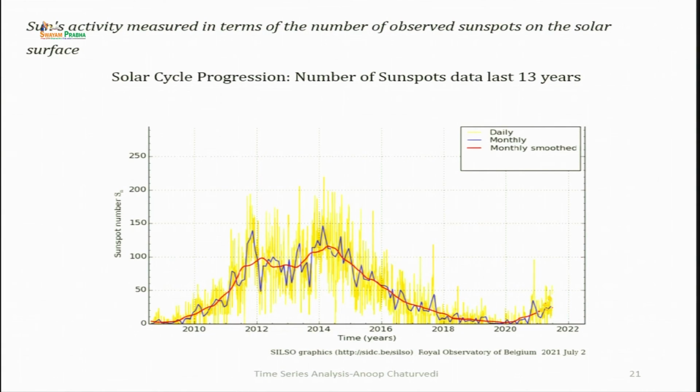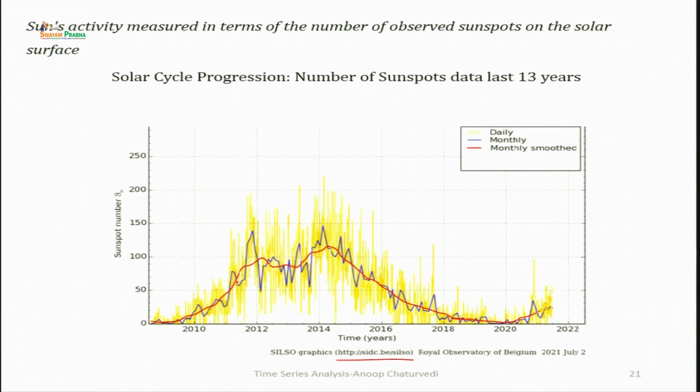The site from where I have downloaded the data is given here. This is the site. I have chosen the Royal Observatory of Belgium site for downloading the data. Then I have plotted daily data and monthly data, both. This yellow graph shows the daily data, and this blue one gives the monthly data.